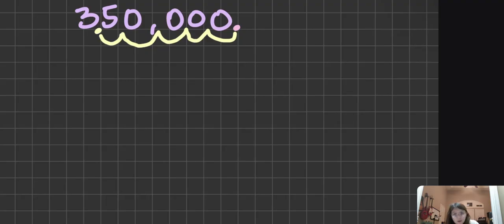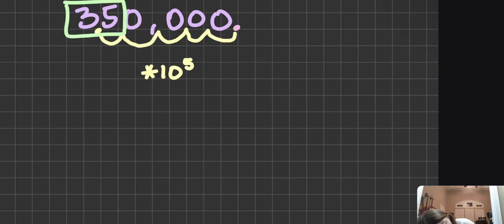So you're going to count how many places you moved it. We counted 5. That's your exponent, right? So we're going to do times 10 to the 5. So now, since we moved it to the left, our exponent is going to be positive. Since we're making a big number smaller, we don't owe any debt. And this front number is essentially just going to stay that number that we made between 1 and 10. So our scientific notation for this will be 3.5 times 10 to the 5, right?